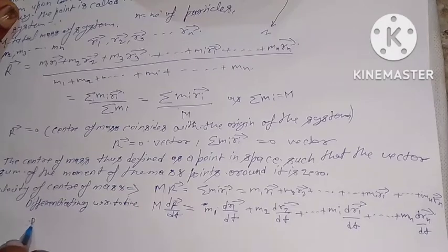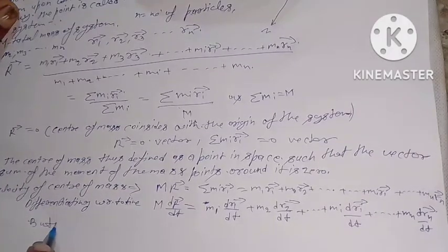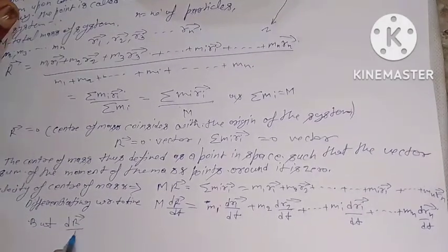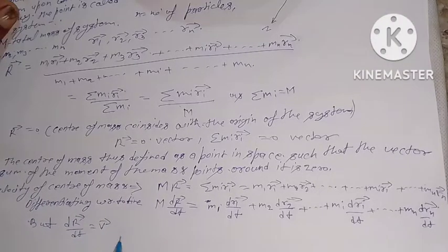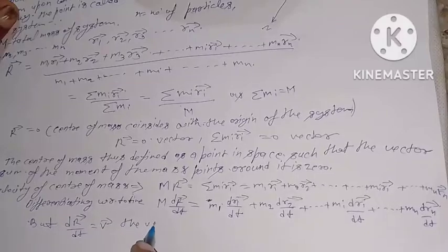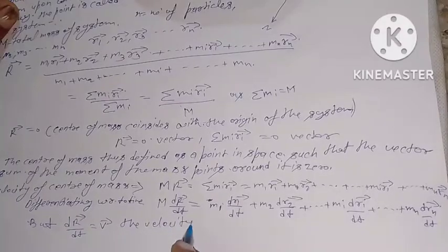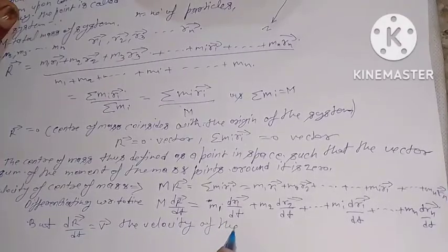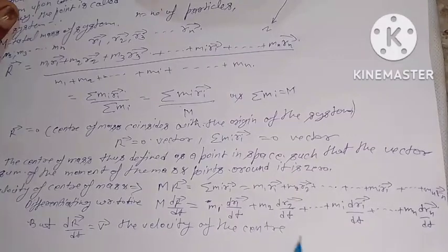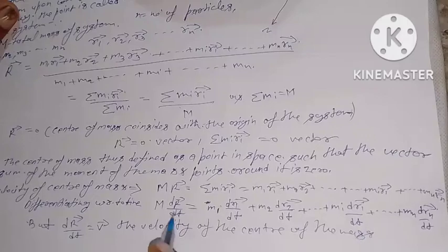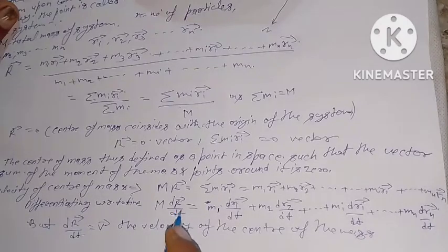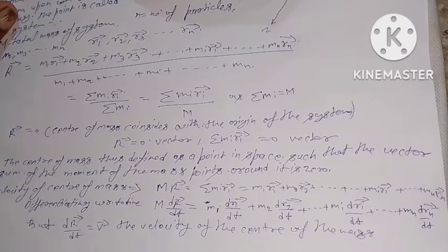But dR vector upon dt equals capital V vector, the velocity of the center of mass, because displacement upon time equals velocity.